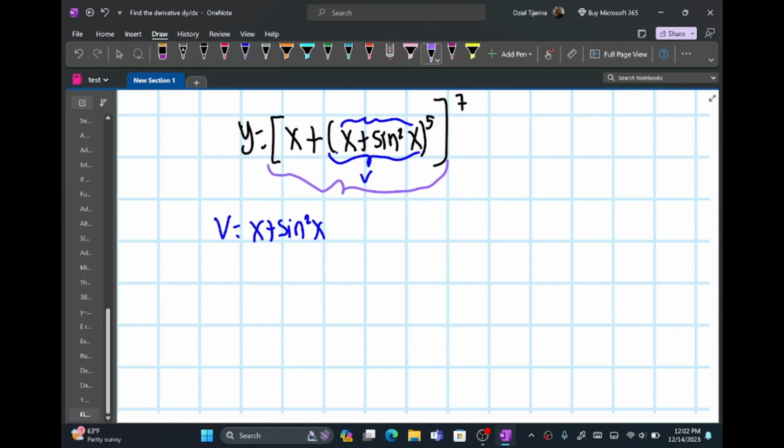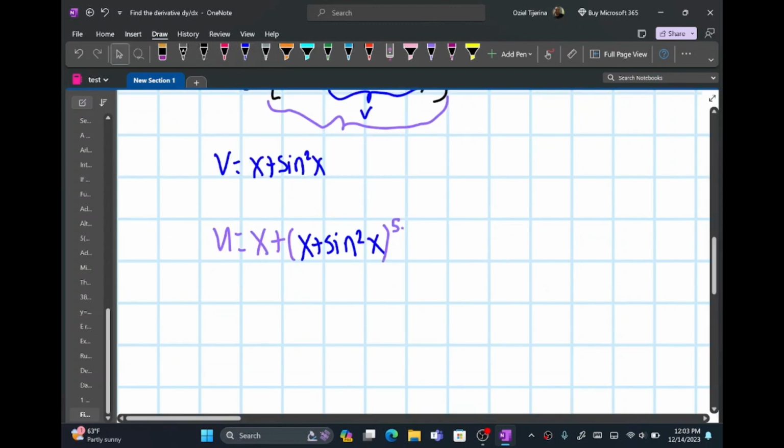So u is equal to x plus the quantity x plus sine squared of x, and this is raised to the 5th power.